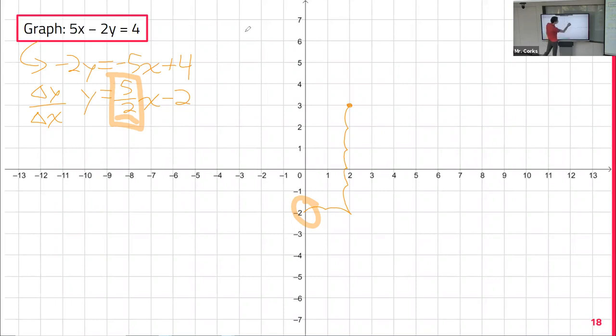We could do that again. 2, 3, 4, 5. Just barely off the graph. So we could do this in the other direction instead. So also, these could both be negative. It's the same thing. So 2 steps left and then 5 steps down to here. And just draw the line between these points.